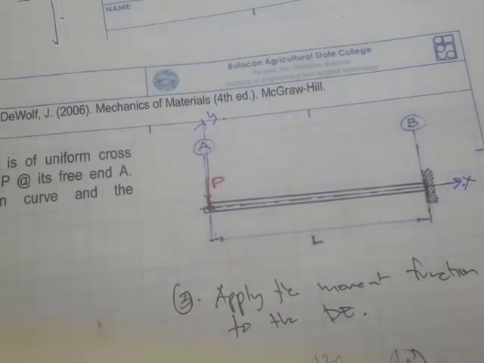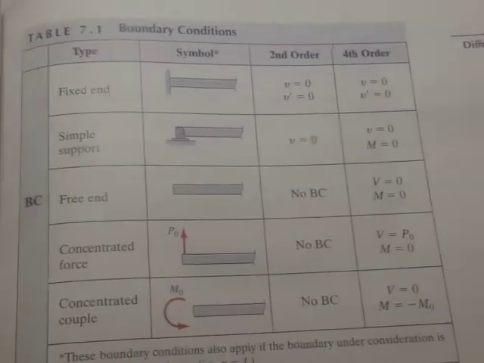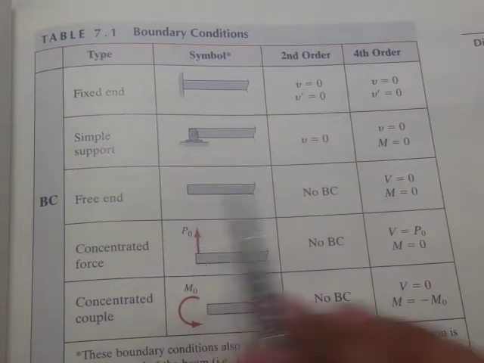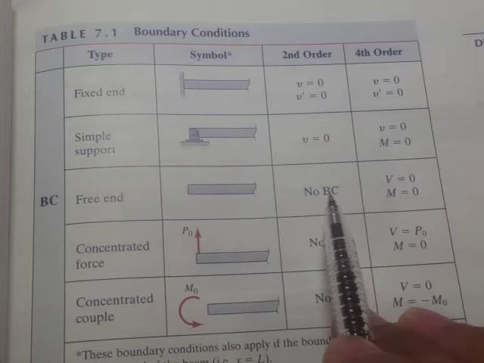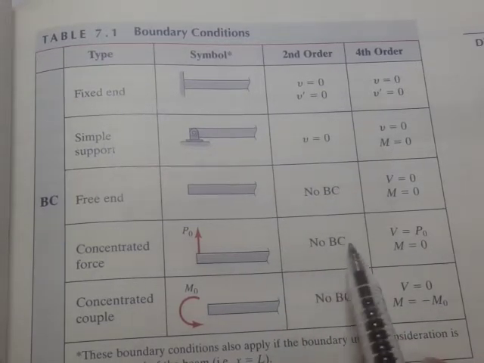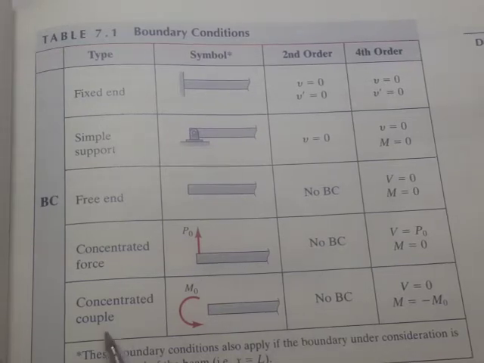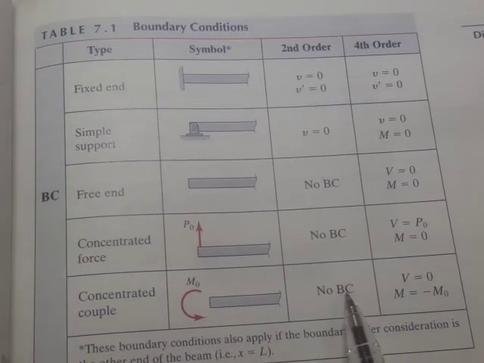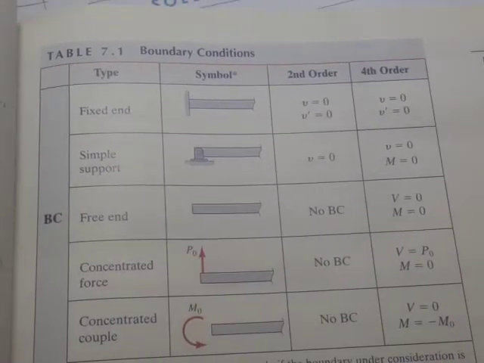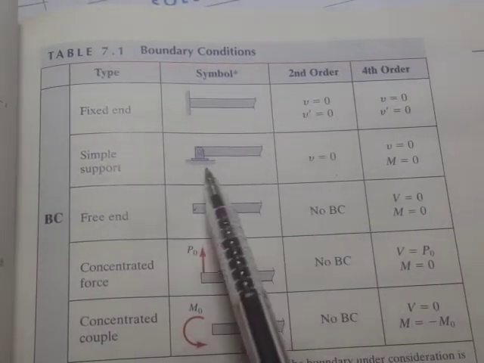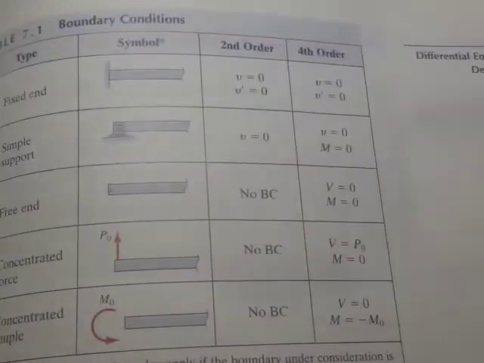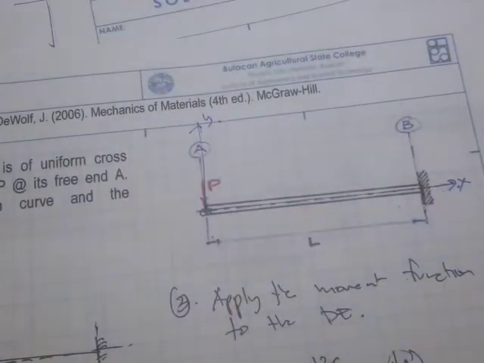It's right here from the text by Craig. For a free end, there are actually no boundary conditions. It's not a boundary condition for concentrated force, and it's also not a boundary condition for concentrated couples. So we can only consider the boundary conditions of the moments at the supports. Let me redo this again.